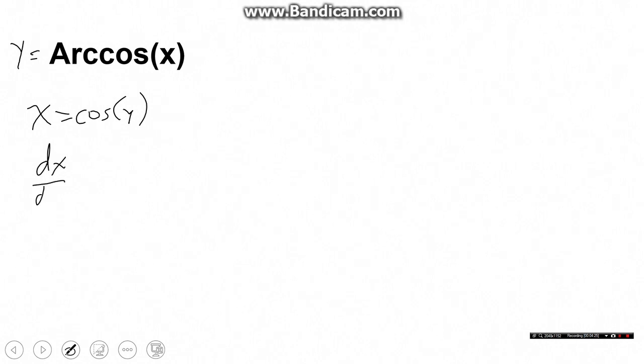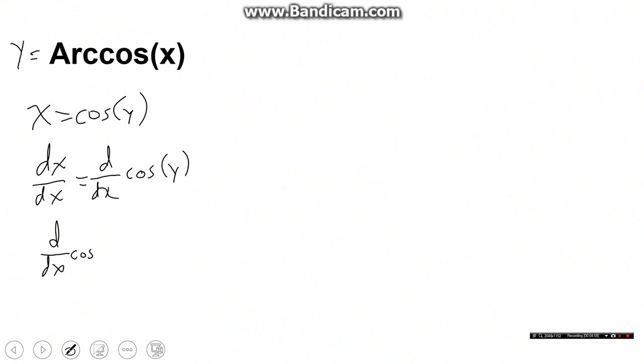Moving on now to the arccosine of x. That's also going to be solved with y, and we'll go through the same procedure. Start by inverting it, x equals cosine of y, taking the derivative of both sides implicitly, dx over dx equals d over dx of cosine y. And that simplifies, that becomes d over dx cosine y equals 1.